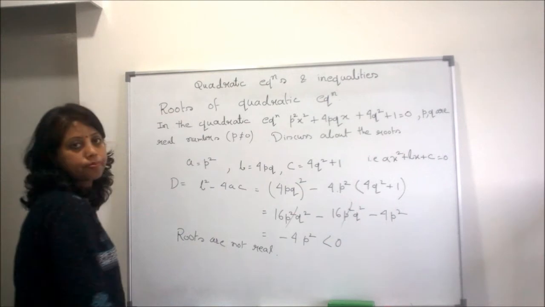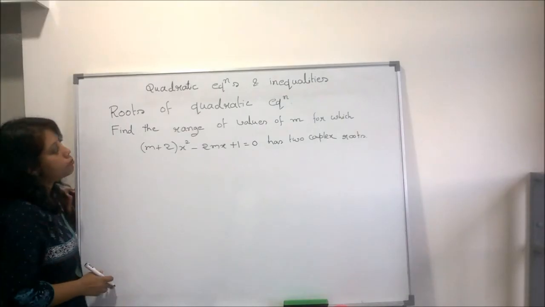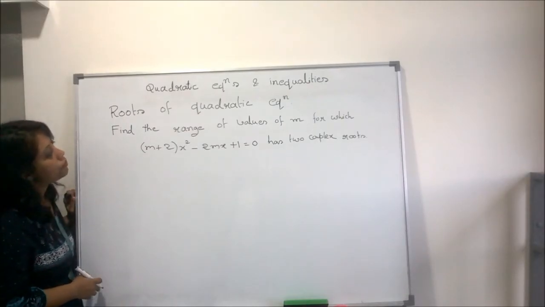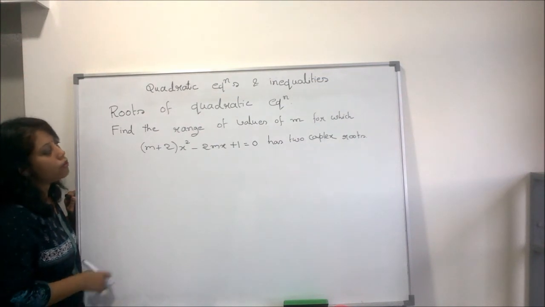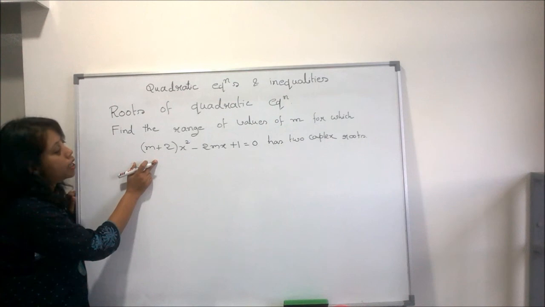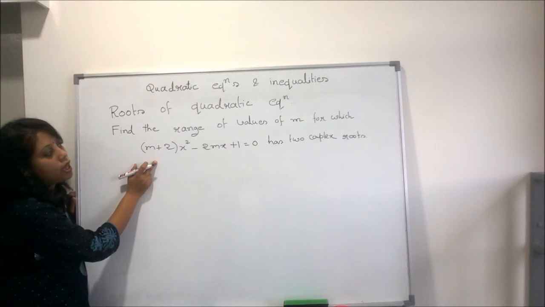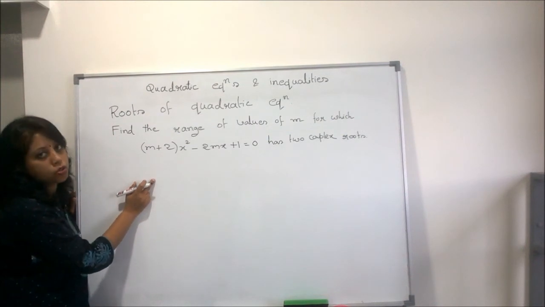Okay. So here the given problem is that we have to find out the range of the values of m for which the given equation m plus 2 into x square minus 2mx plus 1 is equal to 0 has two complex roots.